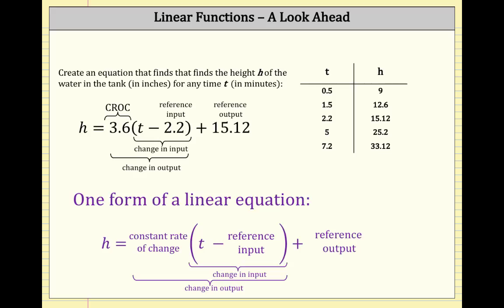So this would have worked regardless of what the constant rate of change is. The reference input and the reference output are subjective. You might have had a different reference point from which you measured everything else. And t minus reference input will determine the change in input. When you take the constant rate of change times the change in input, you get the change in output. And when you add the change in output to the reference output, you are able to determine the height of the water in the tank at any given time.